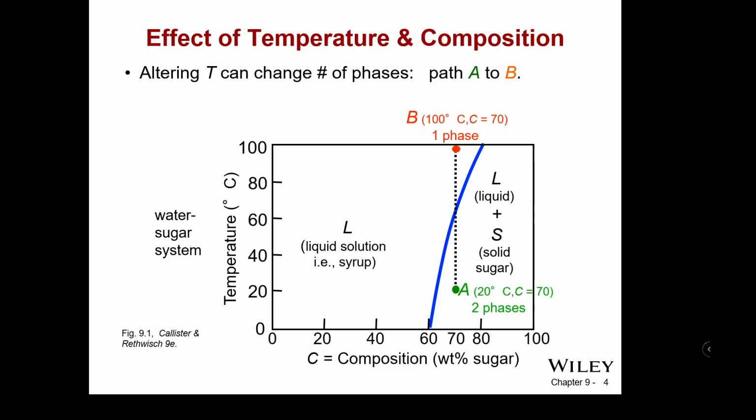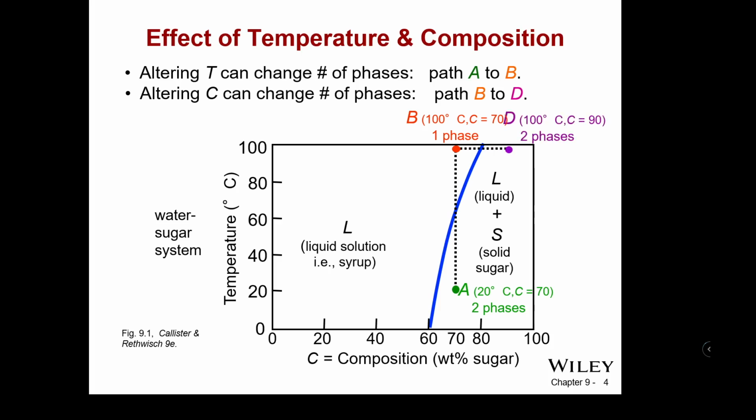But you can transition based on temperature, or you can transition based on concentration. So above, in that case, 70 C is your liquid transition. Then you can add more and transition back across that phase line at a given temperature.